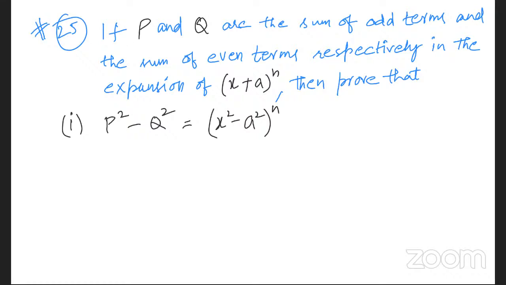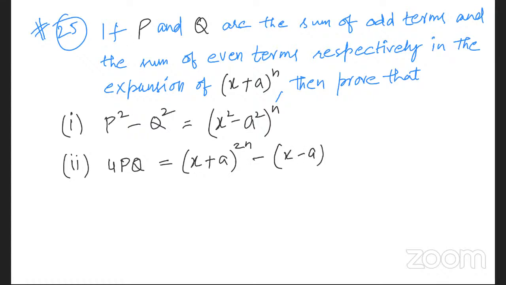And then the second bit is 4pq is equal to (x plus a) whole to the power of 2n minus (x minus a) whole to the power of 2n.